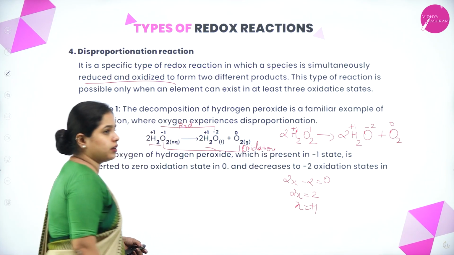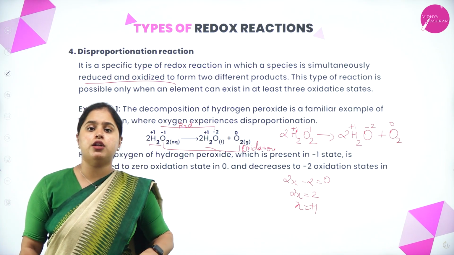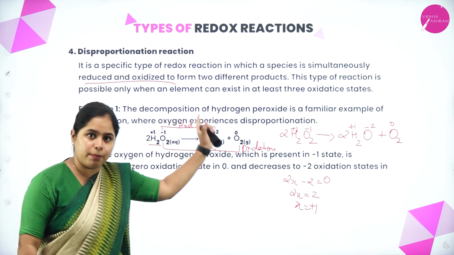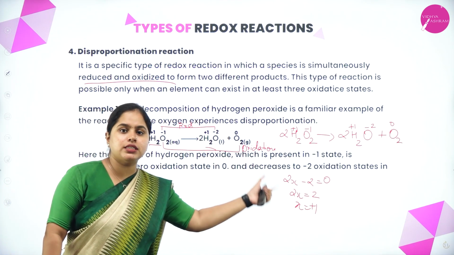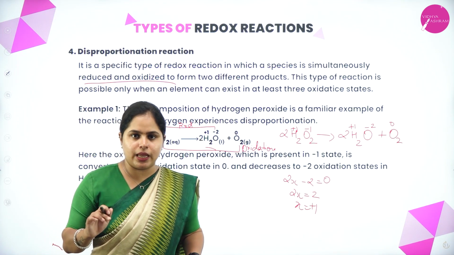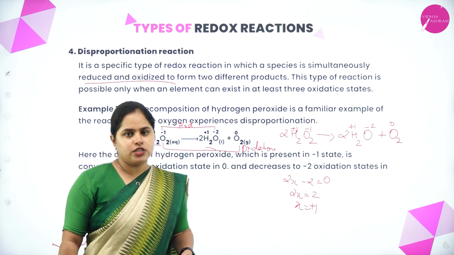So what does that mean? The same element in the hydrogen peroxide, the oxygen, is itself undergoing oxidation as well as reduction. In one product, its oxidation number has decreased, and in another product, its oxidation number has increased. So the other element's oxidation number will remain the same. Only one element will undergo both oxidation as well as reduction. So I hope it is clear.